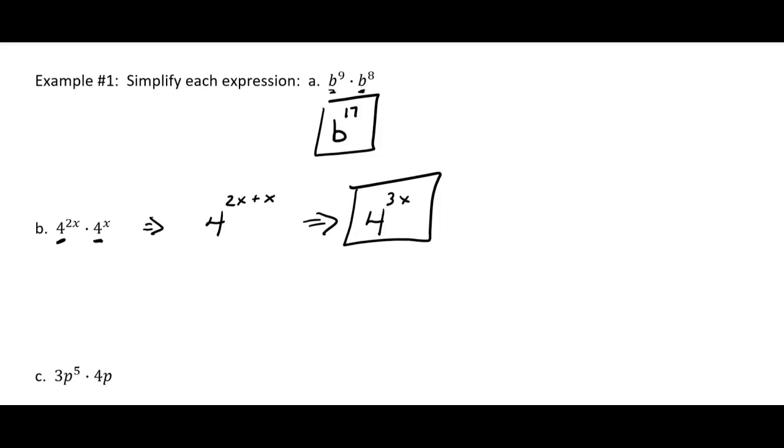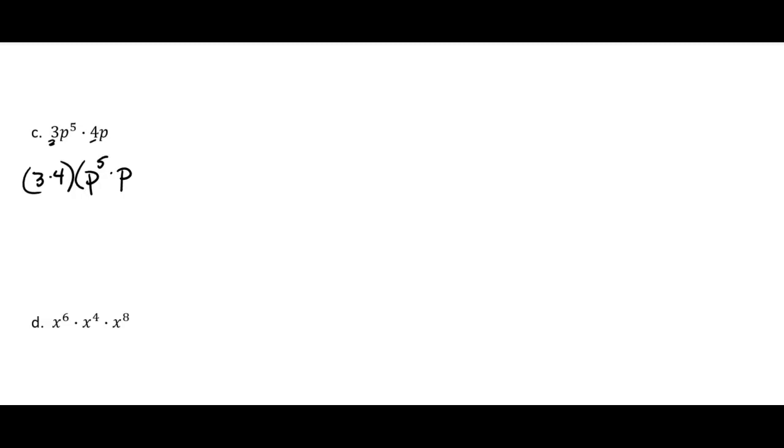So, all right. Then we have one more. Oh, 2 more. Okay. So here we have an interesting situation. We have a 3 and we have a 4. Now it's 3 times p to the 5th times 4 times p. So I'm going to take the 3 and the 4 and I'm going to multiply those. And I'm going to think about the p to the 5th times the p.